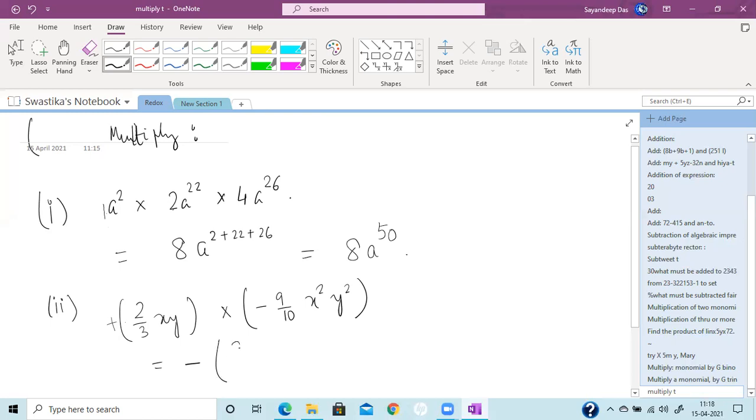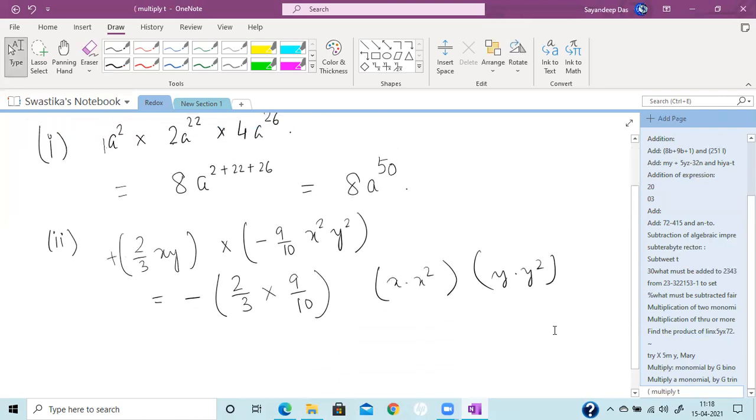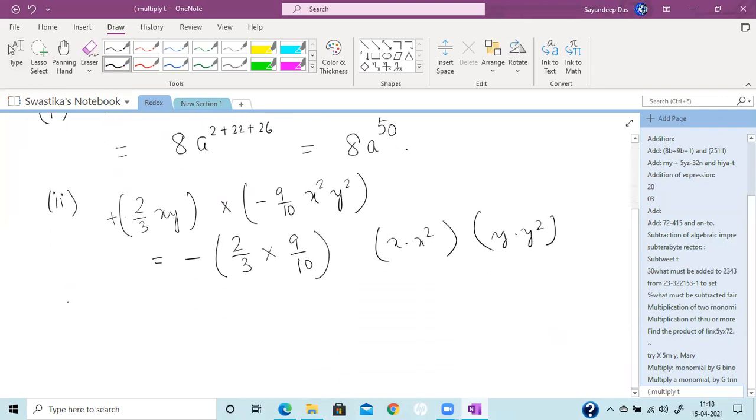Then I will take the fractions into the bracket, 2 by 3 into 9 by 10, and then I will take the variables, that is x into x square and y into y square. Now simplify the fractions, that is find out the common multiples and divide. 2 5s are 10, 3 3s are 9.